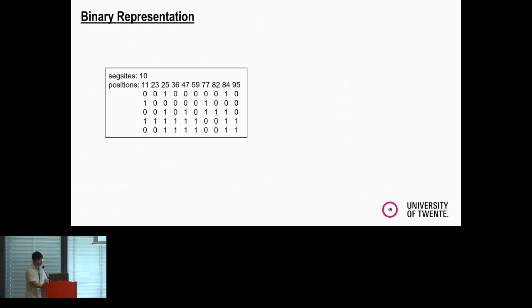Here is an example for the binary representation data. Here, each row contains the genetic information of an individual. And here we convert this data represented in binary based on the infinite site model, which means each allele can only undergo one mutation. So here the 0 denotes the ancestral state, while the 1 denotes the derived state.